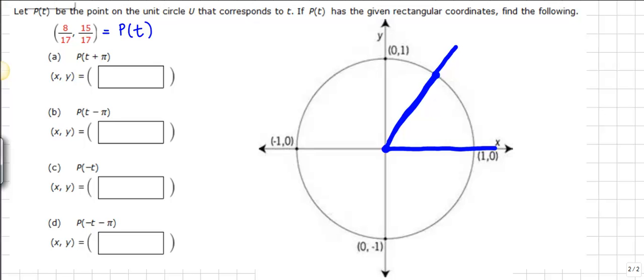And so here's our ordered pair, and this is our angle t. Okay, so this is our starting position.